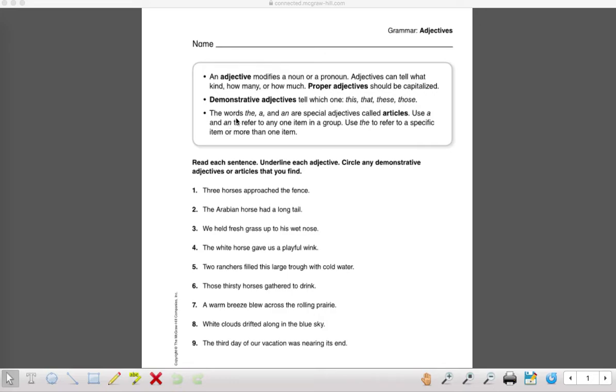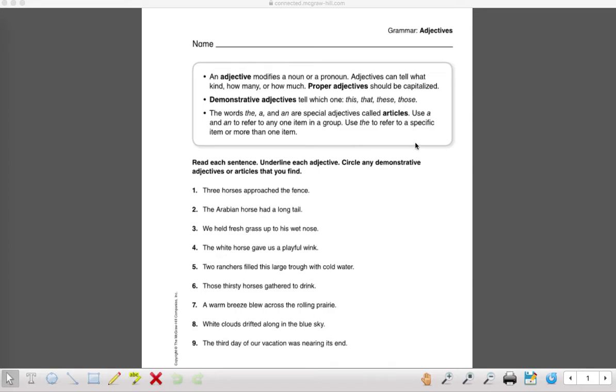The words the, a, and an are special adjectives called articles. Use a and an to refer to any one item in a group. Use the to refer to a specific item or more than one item.